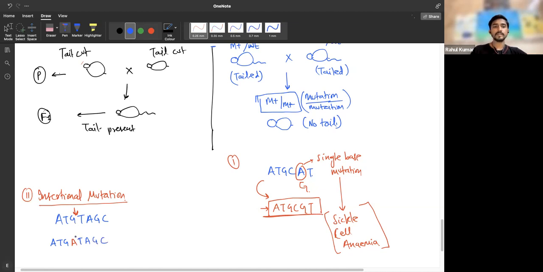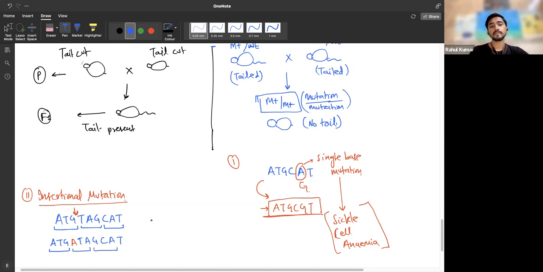Can you see this? This A got inserted here, because of which, earlier when you were reading the codon, remember I told you we read 3 bases at one time, it's called a codon. So this was the codon, right? Now it changes. Now it becomes ATG, which is correct, then ATA, GCA.